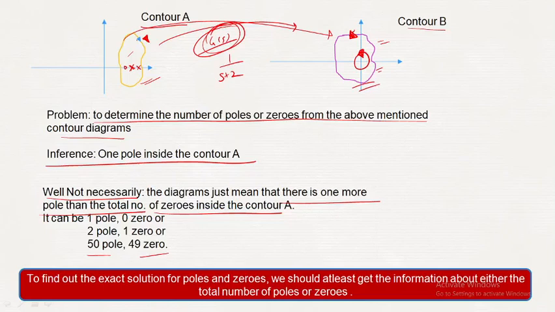But if you want to find out the actual number of zeros and poles, कितना नंबर ऑफ ज़ीरो और पोल है उसके लिए एटलीस्ट हमको एक इंफॉर्मेशन पता होनी चाहिए.